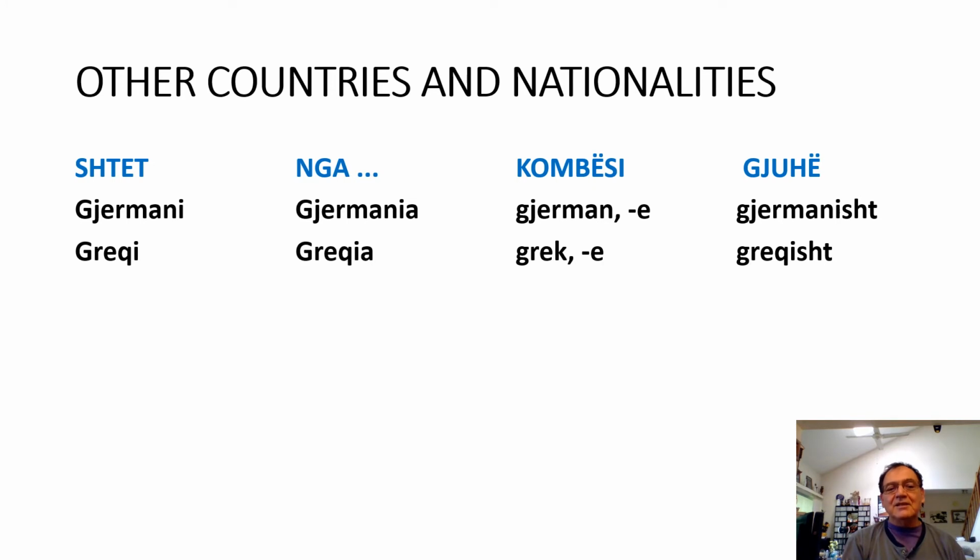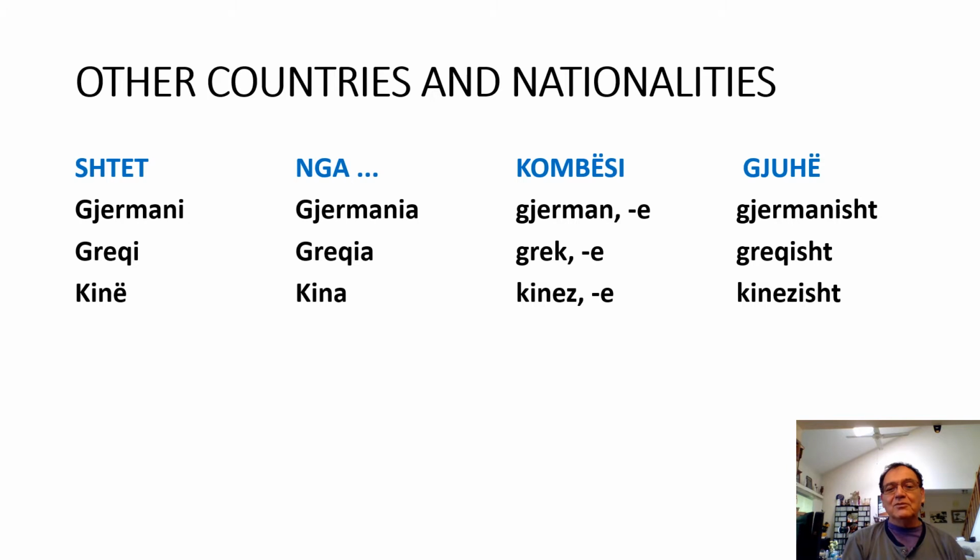Greqia is Greece. If we want to say from Greece, we would say nga Greqia. The nationality would be grek for masculine, greke for feminine, and greqisht would be the language. Kinë is China. If we want to say from China, we would say nga Kina.